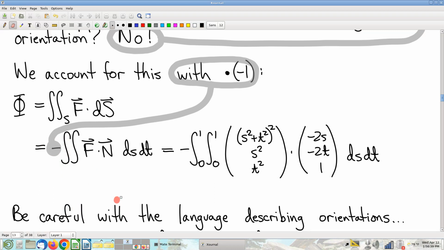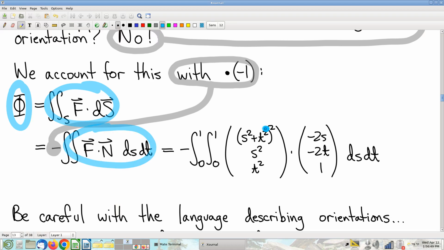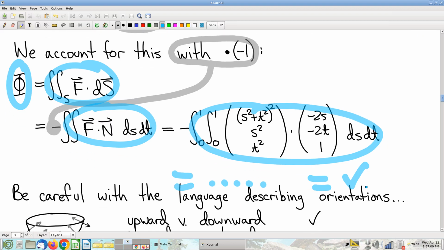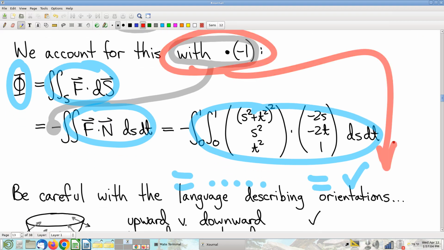It is not rare for students to write down as follows, to say, okay, I want this flux, well that's that thing, well that's that thing, which is this thing, and then they proceed and compute a bunch of stuff, and then they get some answer, and then they realize, oops, I'm off by a minus sign, so let me just stick in over here, I will put in a minus sign.